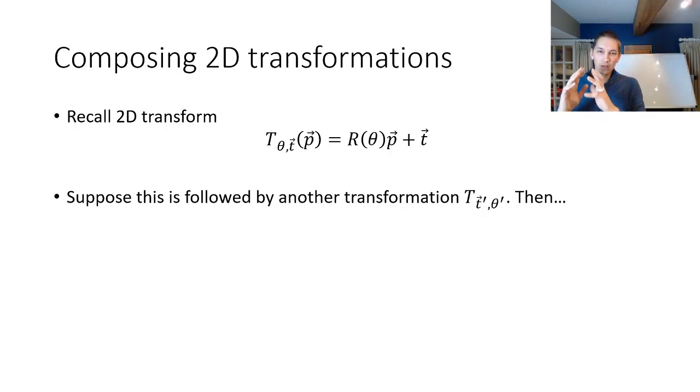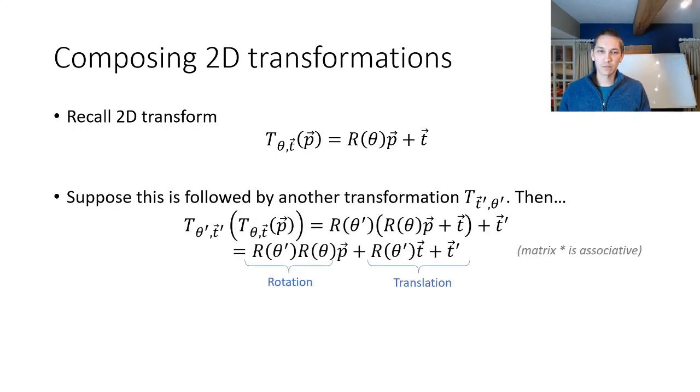We perform the first operation and then the second operation as follows. So you can see that the T prime, the second transform, is on the outside. The first transform is on the inside. This can be rather confusing because we're used to thinking from left to right, but here the operations are actually performed from the right to the left.